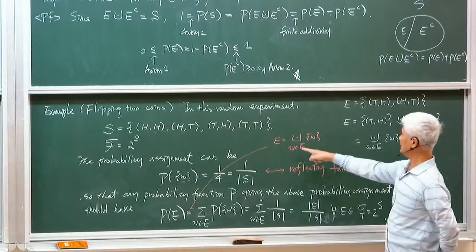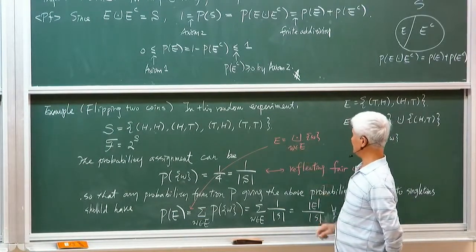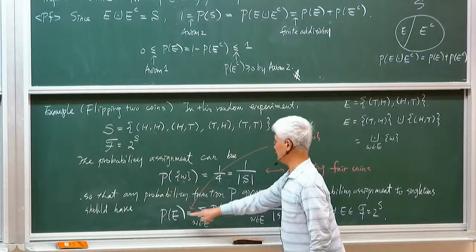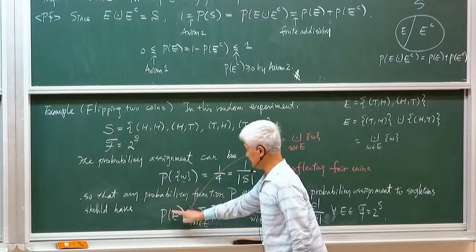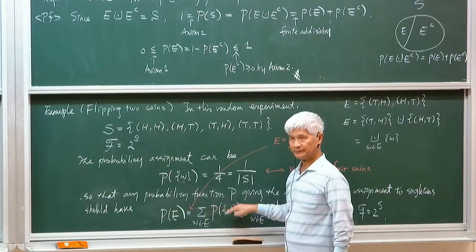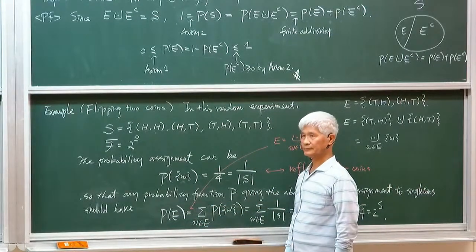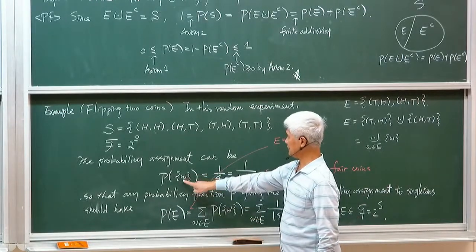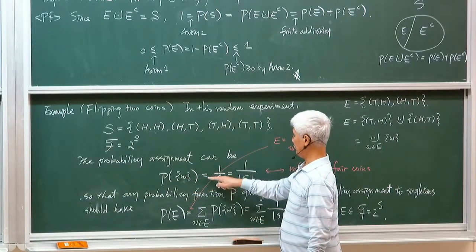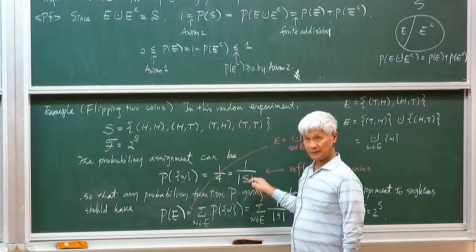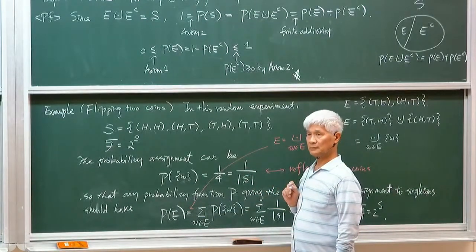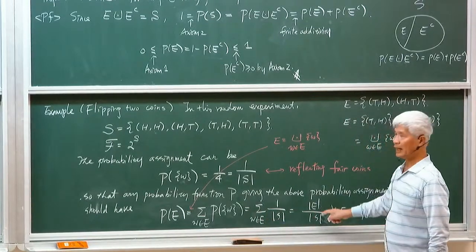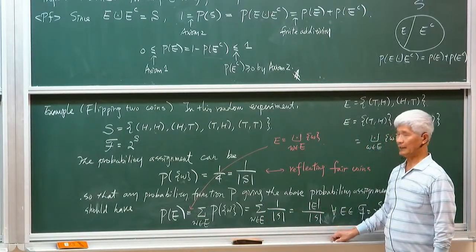So by the finite additivity, the probability of this event is equal to this finite sum. And we know that for each singleton, the probability is equal to 1 over the size of the sample space. And so you get the counting we have.